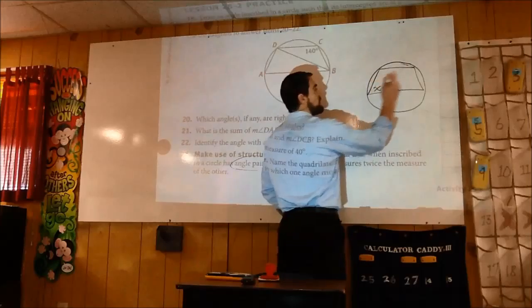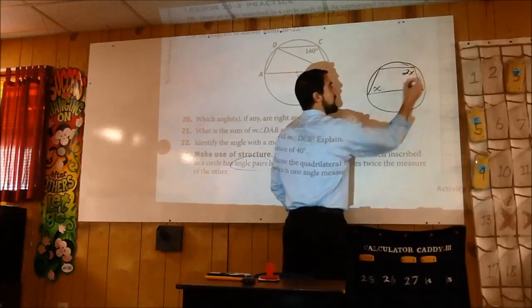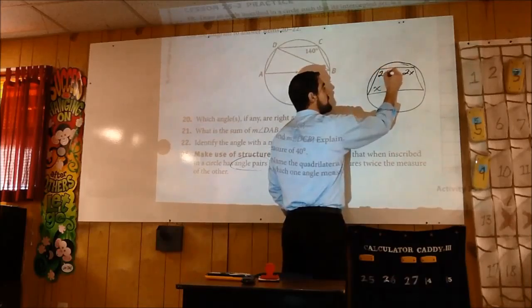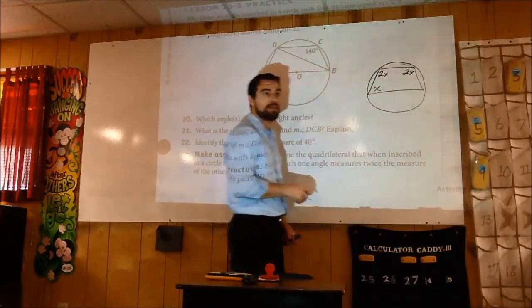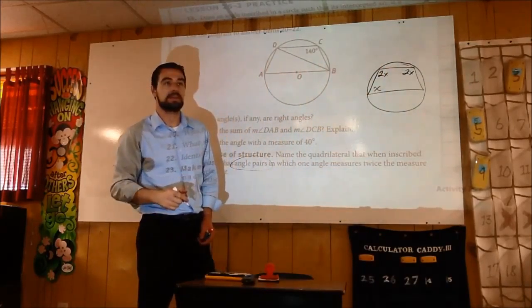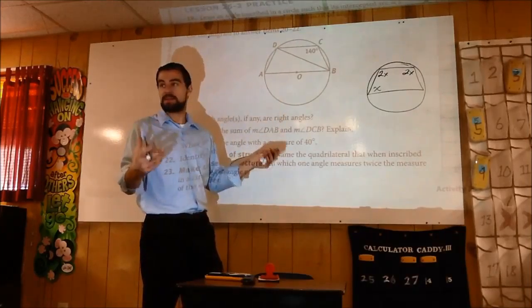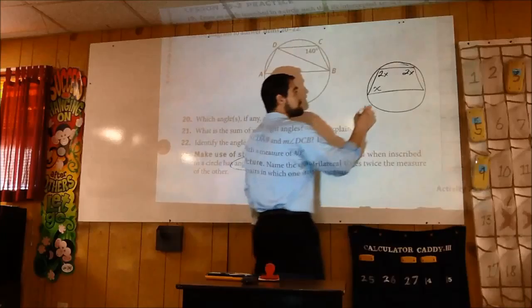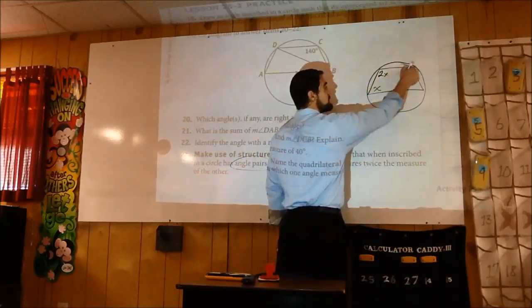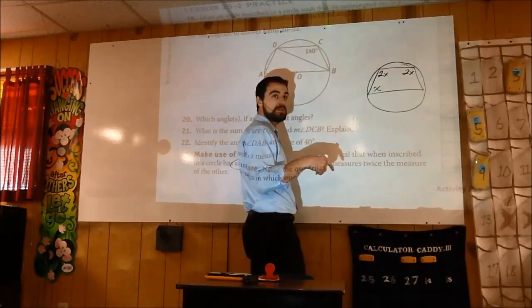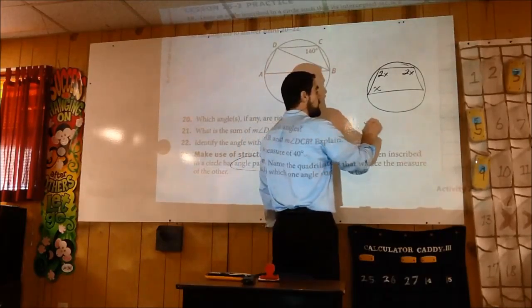So if this is one of my angles, then apparently there's an angle that is twice. Now I'm not sure if they're talking about opposite angles or consecutive angles. But if this is the case, we need to figure out what these angle measurements are. Well, opposite angles of an inscribed quadrilateral are always going to add to 180 degrees.